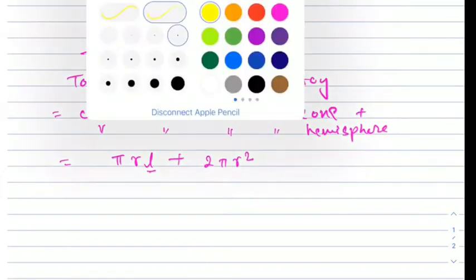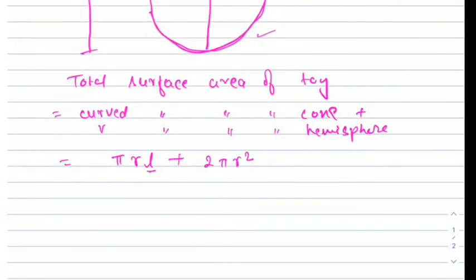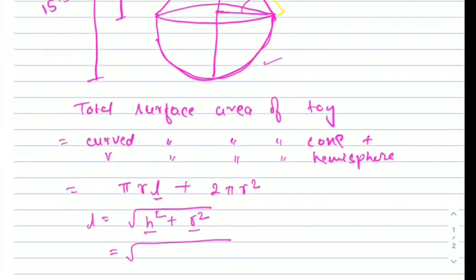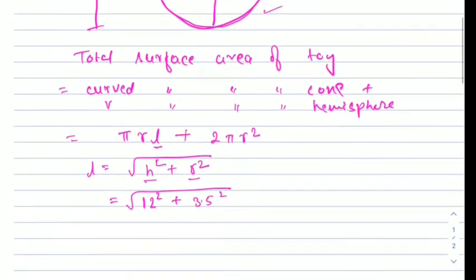Therefore, the value of l is equal to root under h square plus r square, where h is the height of the cone and r is the radius of the cone. Height of cone is equal to 12 cm. Therefore, square of 12 plus r, radius of cone, is equal to 3.5 cm square.